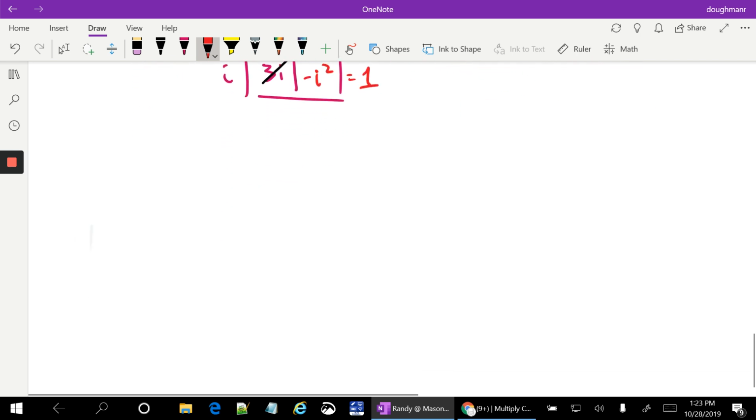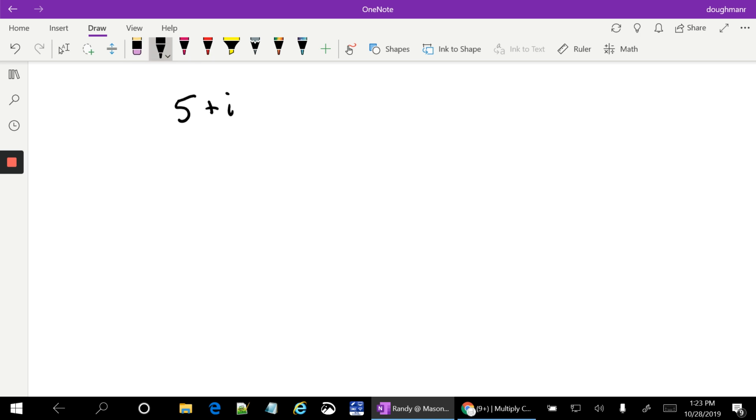One more example. Let's say we were looking at 5 plus i over 2 minus 3i. We don't like that imaginary number in the denominator, so I'm going to multiply by the complex conjugate, which is 2 plus 3i, numerator and denominator.